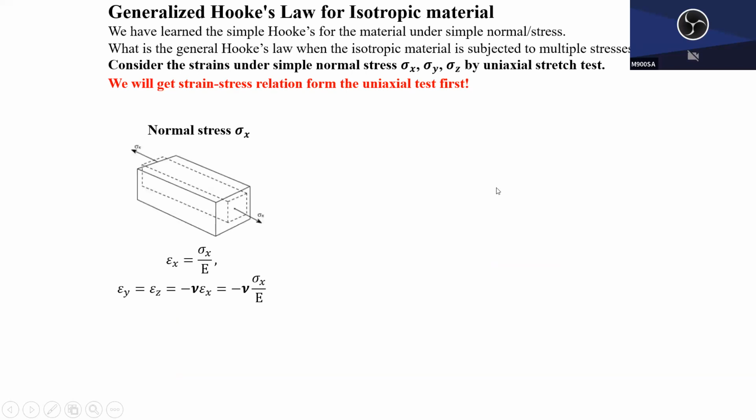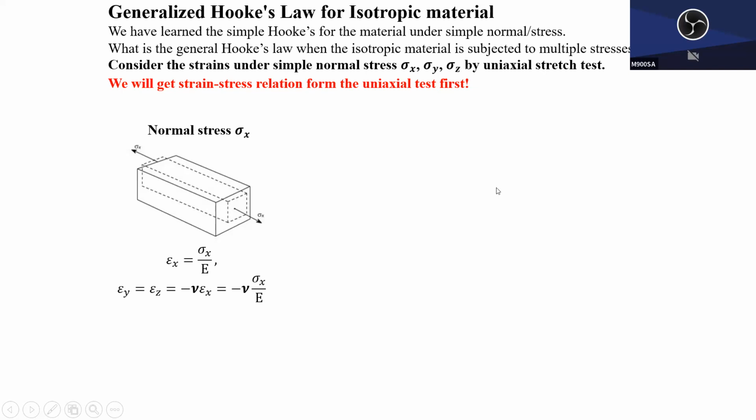So if you have a 3D object, how can we measure all this information? In reality, all materials can be subjected to 3D stresses, right? So if you want to find all parameters in 3D space, what should we do?